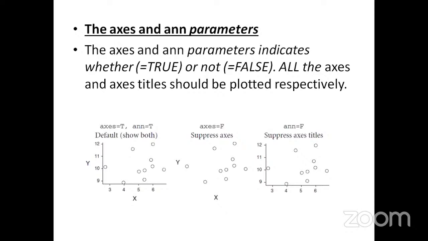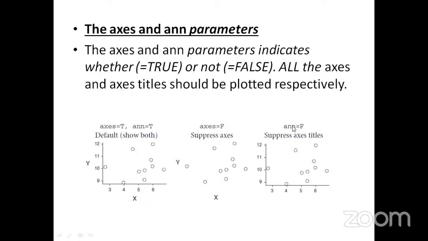Now you have the axes and ann parameters. They indicate whether it is true, that is right, or not, that is false. The axes and the axis titles should be plotted respectively. Suppose you give axes as T and ann as T, that is the default, which shows everything. If axes is given as F, there is no x-axis or y-axis.